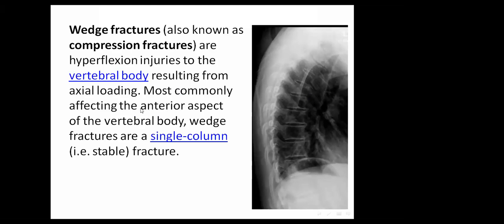Most commonly it affects the anterior aspect of the vertebral body. It is a single column fracture, so it is a stable fracture. It appears clearly on the lateral X-ray and chest X-ray. There is a wedge fracture.